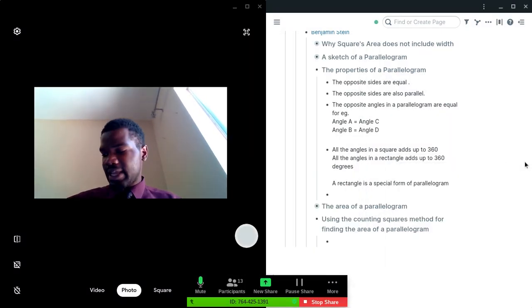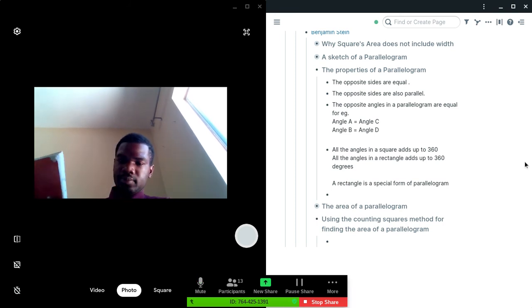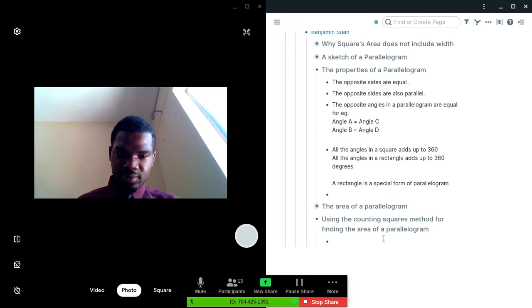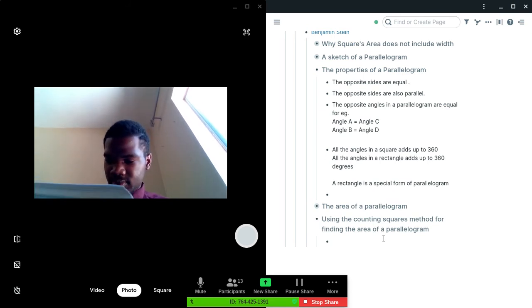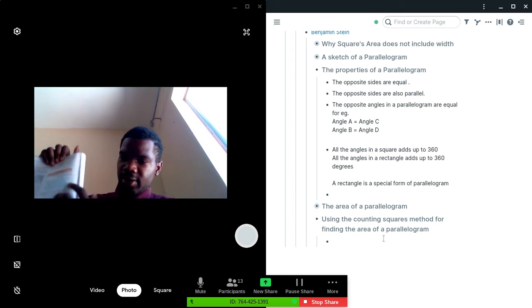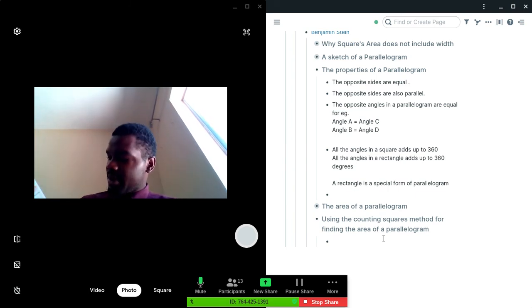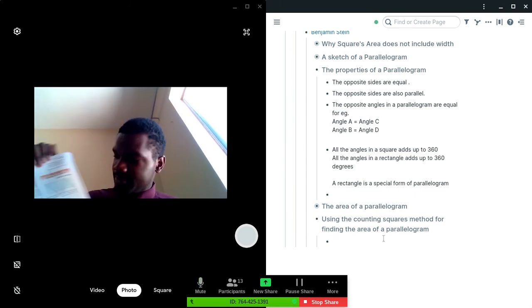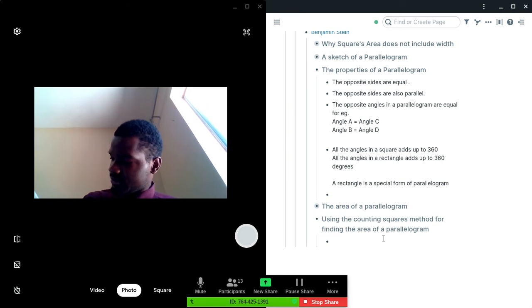So it says, the area of the parallelogram ABCD can be estimated by counting squares. There are 11 squares, each of area 1 centimeter square.